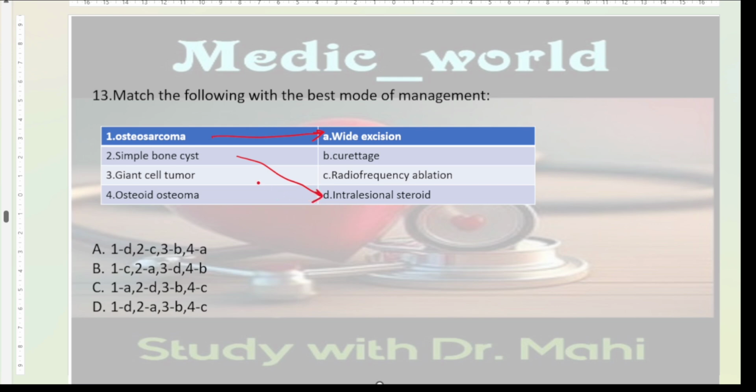Giant cell tumor, curettage. Osteoid osteoma is managed by radiofrequency ablation. 1A, 2D, 3B, and 4C. So the answer is option C.